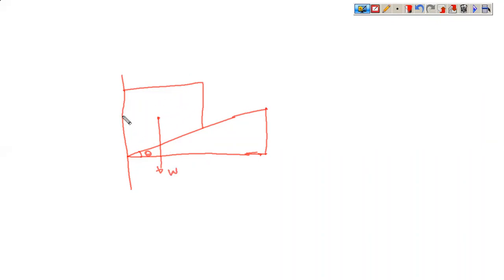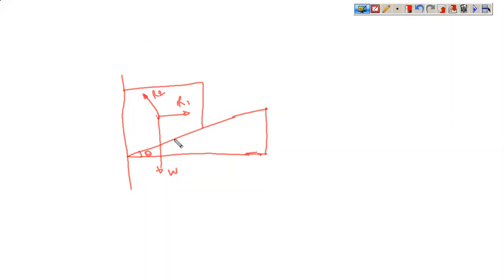You have a vertical reaction R1 which will be acting from this side. You will be having another reaction which will be acting perpendicular to this surface. So you know this surface. This will be R2, the surface reaction offered by the surface.